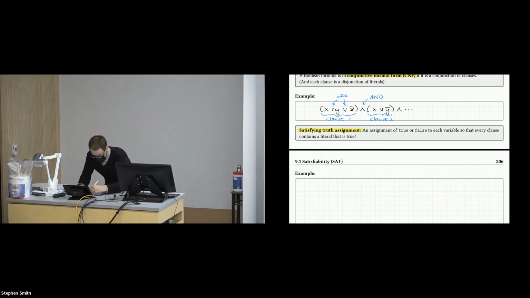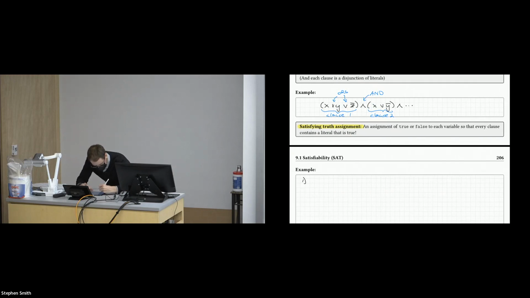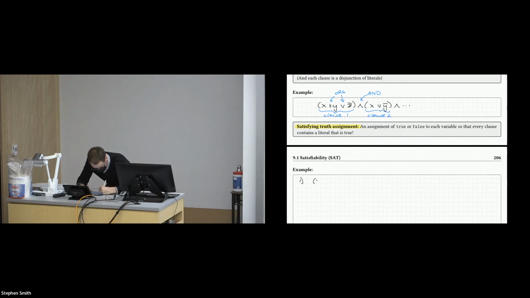So let's just do two examples. Let's say I have X or Y or not Z, and X or not Y. And then I ask the question, is there a satisfying truth assignment?